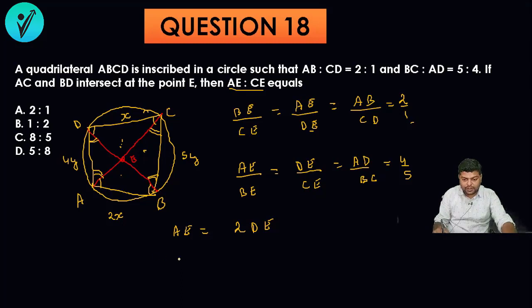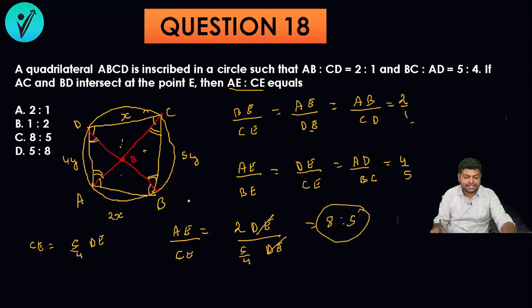CE is 5 by 4 times DE. So we have the value of AE. Let's place the value of CE here. So it will be 5 by 4 times DE. DE and DE will be cancelled. So it will be 8:5. So the correct answer to the question is 8:5. Question number 18, it's 8:5.